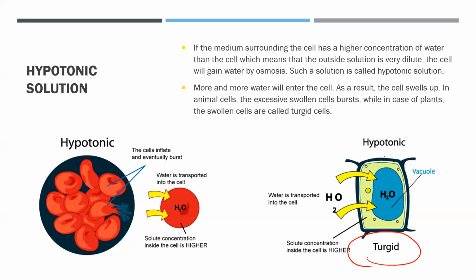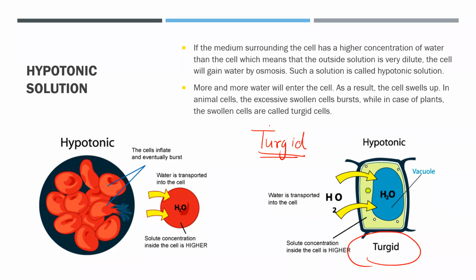The plant cell is full of water and it is about to burst. Note my words, I am saying about to burst, but it does not burst. It becomes swollen because of the excessive water inside it, but it does not burst. That particular condition of the plant cell is termed as turgid condition.